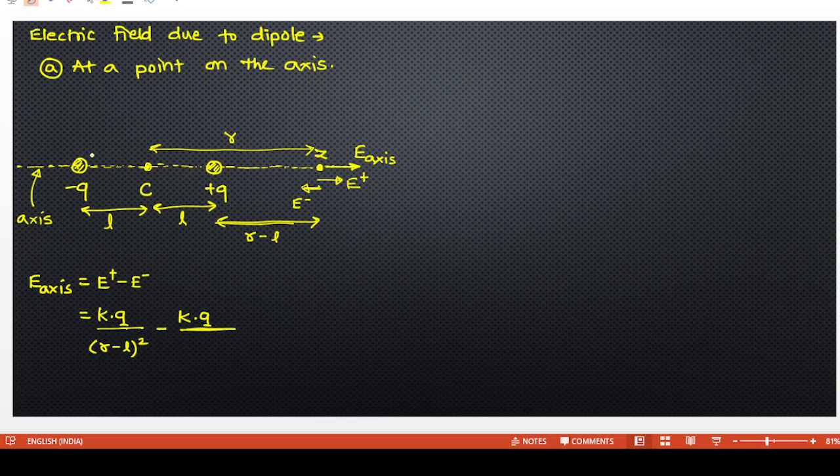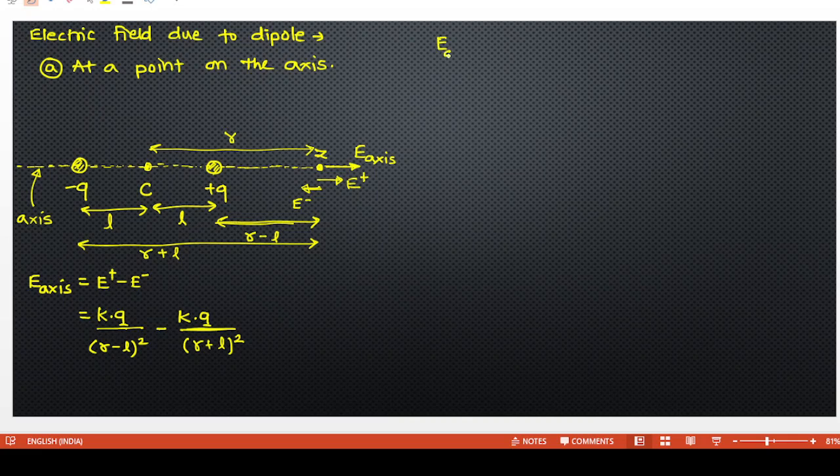What will be this total distance? R plus L. This distance would be how much? R plus L. Not R plus 2L. It is simply R plus L. R is distance from the center. So here you will write R plus L bracket square. Now to solve this further, what we can do is this.